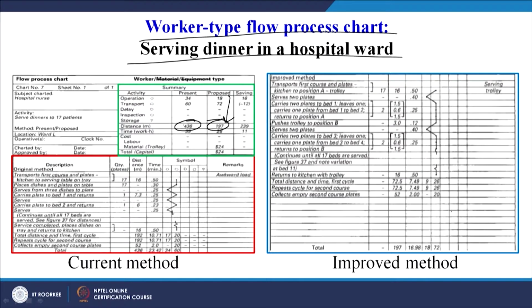So we can see that it reduces the movement of the nurse who is serving food to the patients inside the ward. Basically we can see the time spent is 39 in the present method and in the proposed method it is only 28. So it is always better to look for improvements by using the questioning technique.